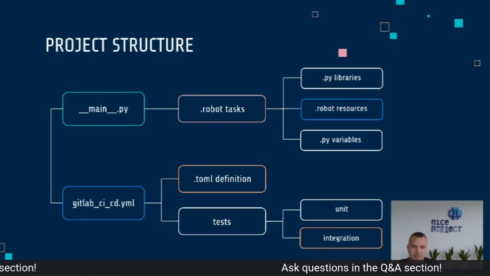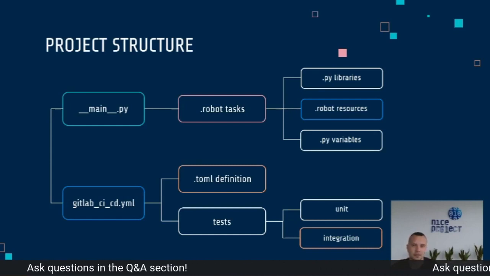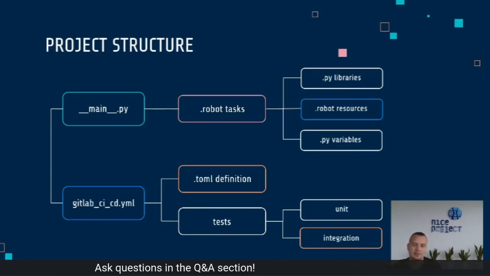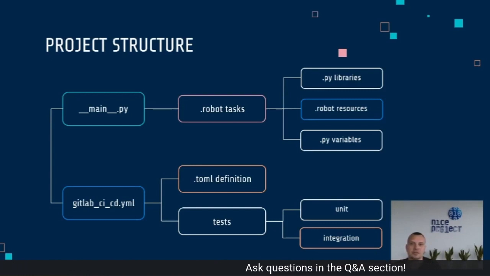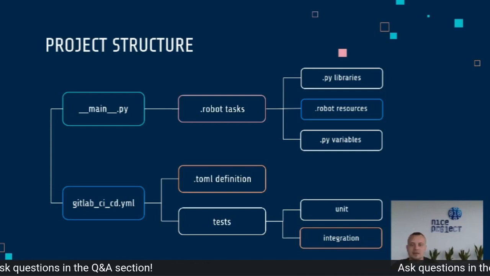Robot tasks files import Python libraries, variables, and robot resources. The second part is responsible for deploying the library. I'm talking about the YAML with the GitLab CI/CD definition. After passing unit and integration tests, as well as satisfying a couple of other requirements, the library is packed as defined in the Poetry toml file.